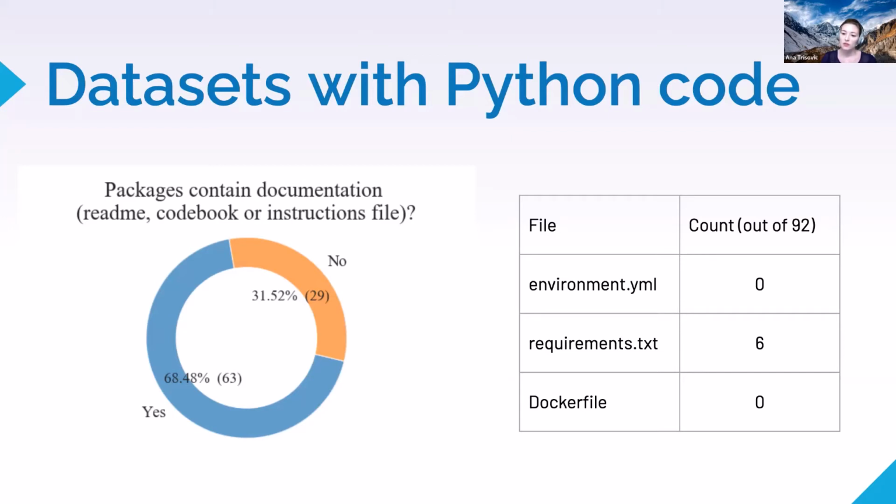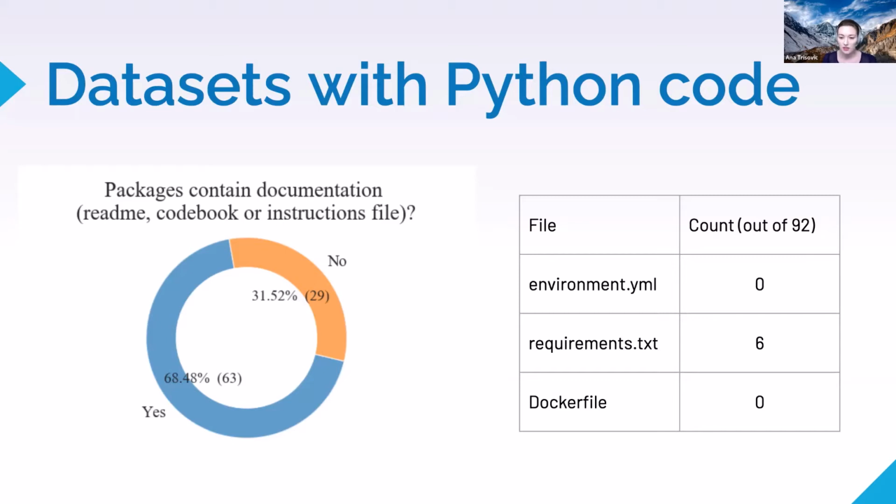And I was wondering whether we can see these files in Dataverse, because that's part of the training with Python, that one should be aware of these different environments and can always capture them in these files.